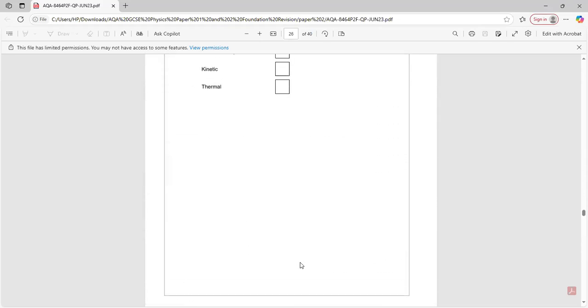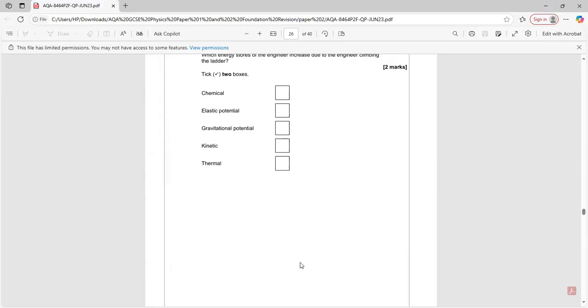But did they say? Let me be careful with that question. Two boxes I talked about. Okay, let's see which ones are possible. I'm sure of gravitational potential. Which other one is likely to be correct?